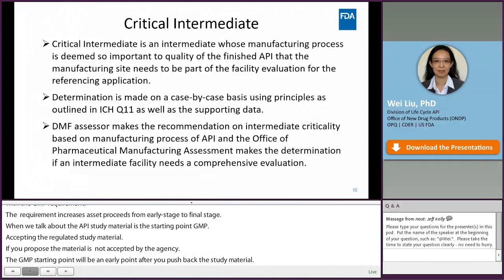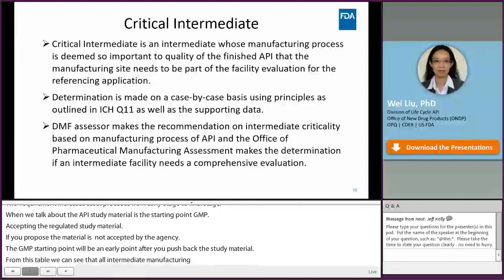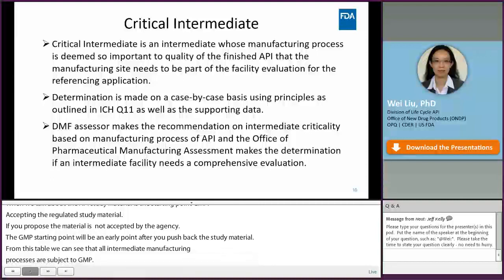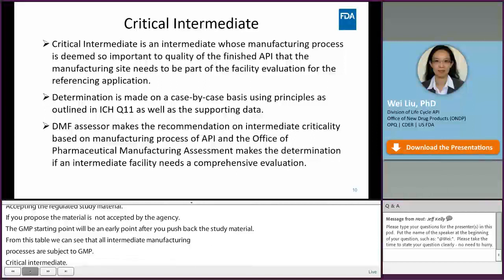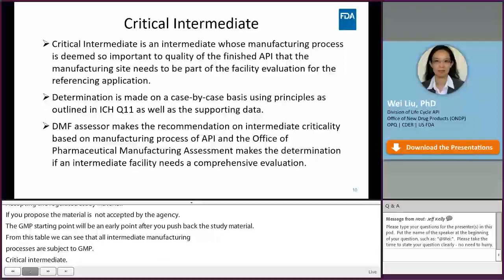Critical intermediate. A critical intermediate is an intermediate whose manufacture process is considered so important to the quality of drug substance, so its manufacture site needs to be part of facility evaluation for the drug product application.